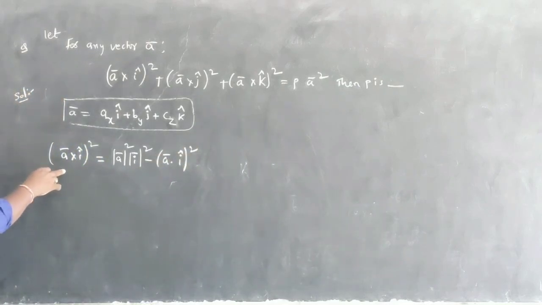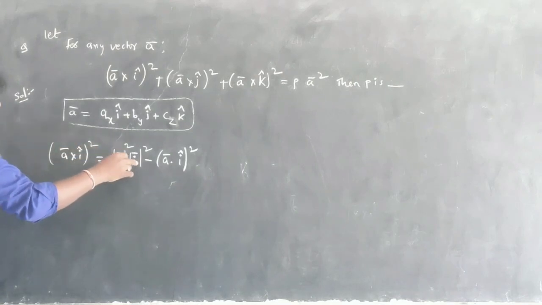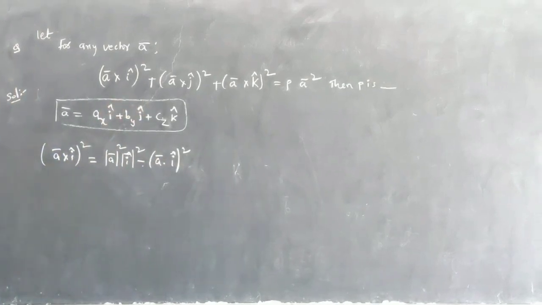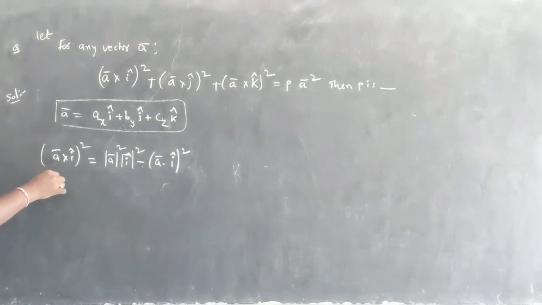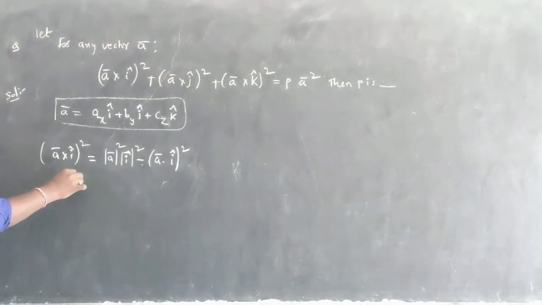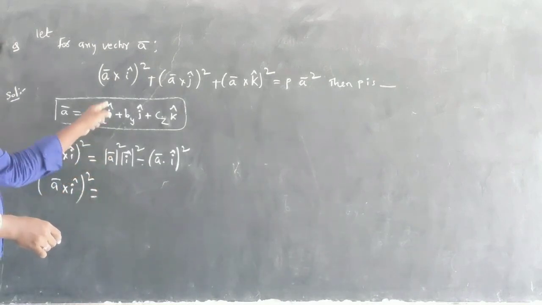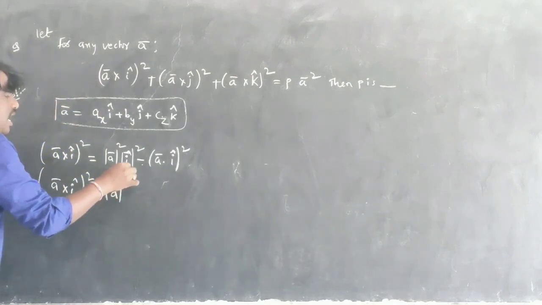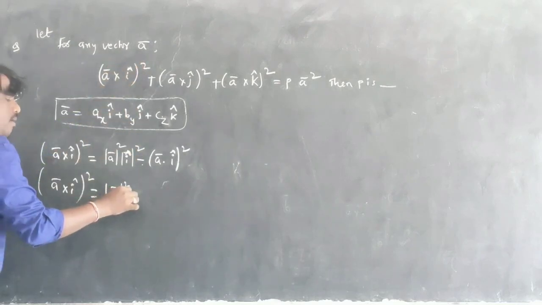This is what we have as the formula. According to Lagrange's theorem, a cross b whole square is equal to mod a square mod b square minus a dot b whole square. According to this, a vector cross i cap whole square value you have to find. So what we write here: mod a square, and i is a unit vector, so i cap square is 1, minus.